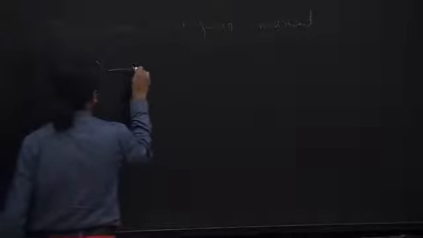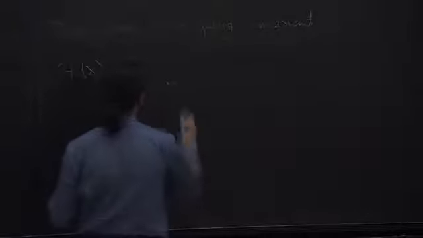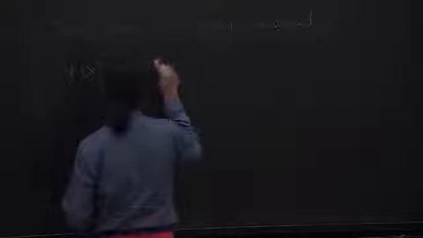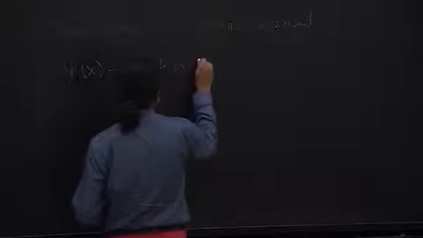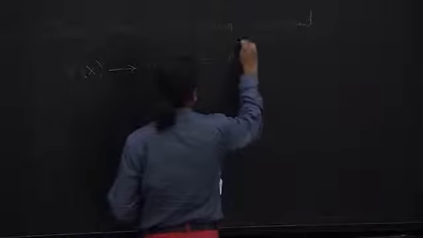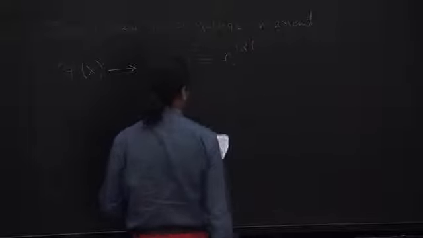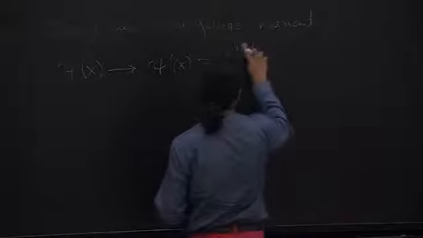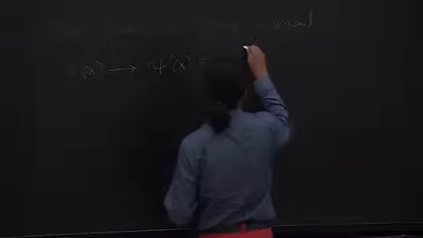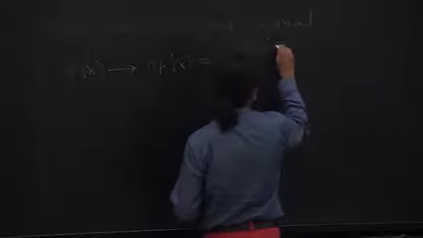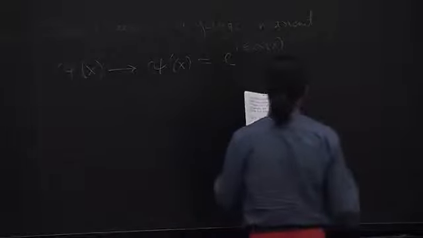However, suppose we required our global transformations to be replaced by this. So now instead of this being just a constant phase factor, it now depends on space-time points. So I write the phase factor like this.